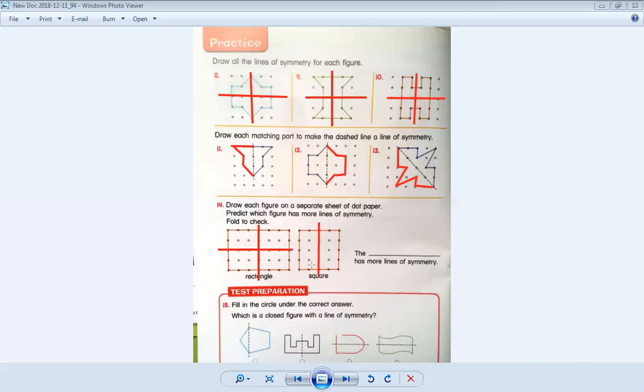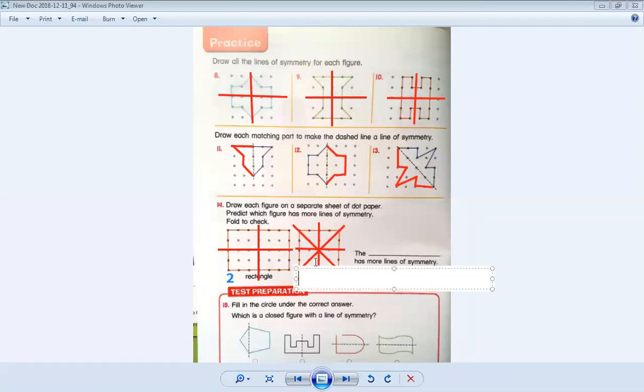And you have to keep this in your mind. This is 1, this is 2, and the diagonals. Okay, the diagonals. So here I have the rectangle. I have 2 lines of symmetry. What about the square?